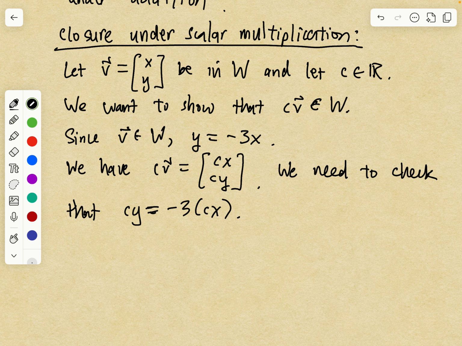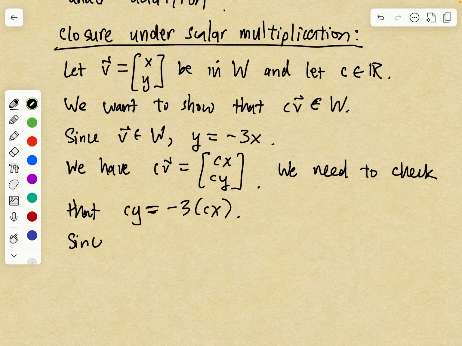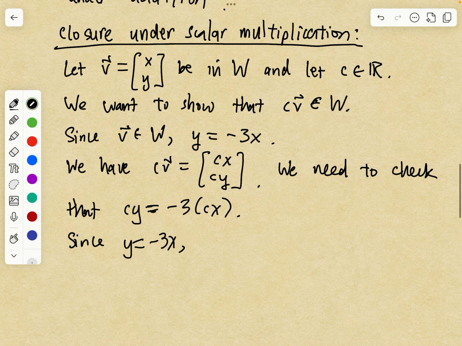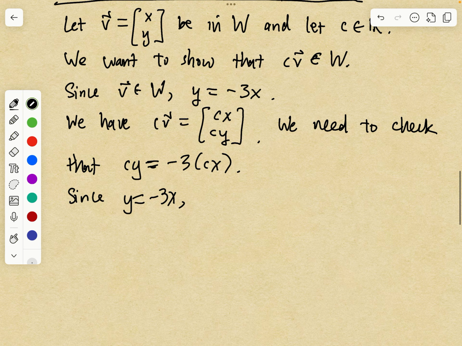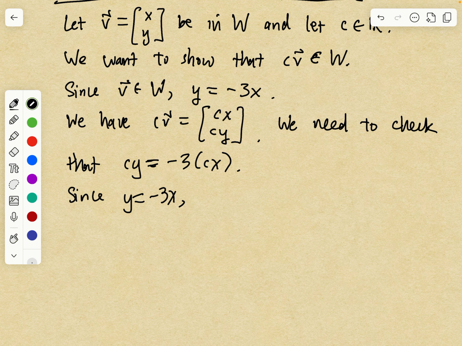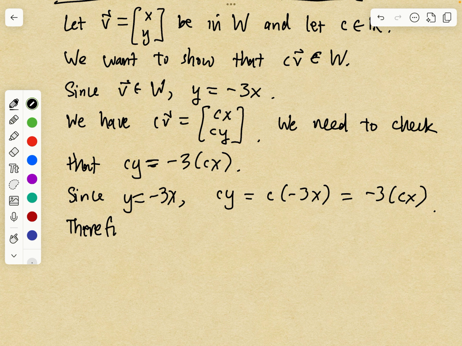Well, we have that y is equal to negative 3x. What can we do to get from this equation to that equation? We can multiply both sides by c. So we get cy is c times negative 3x, and that's the same as negative 3 times cx. So that shows that cv is an element of W.